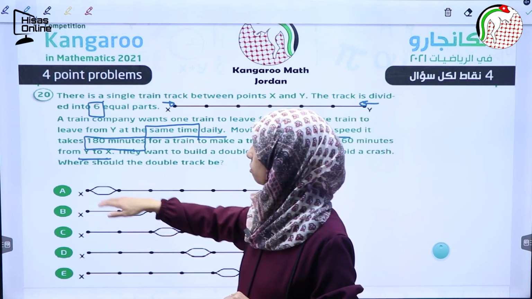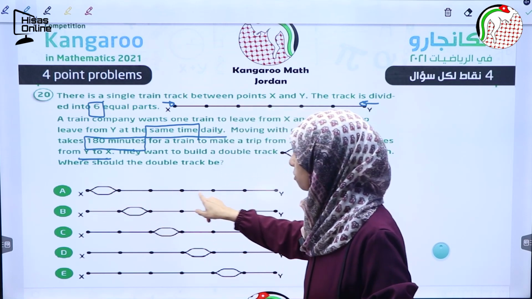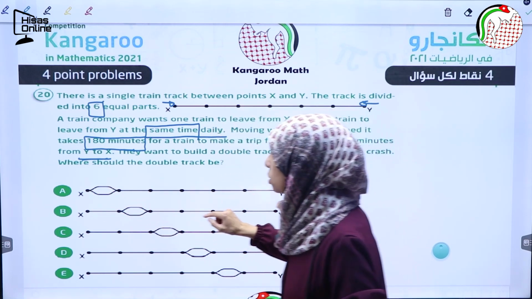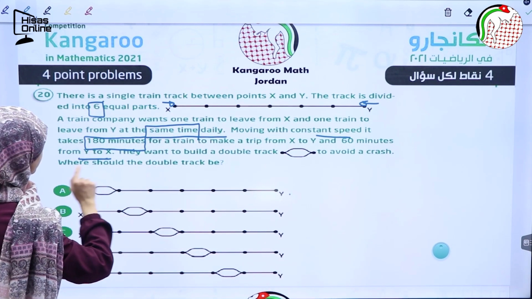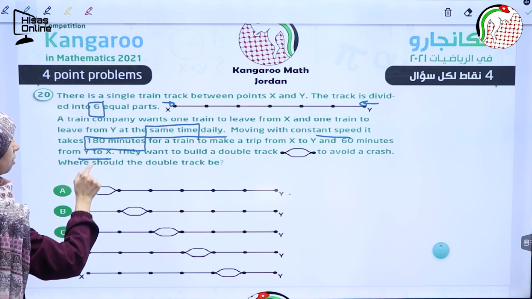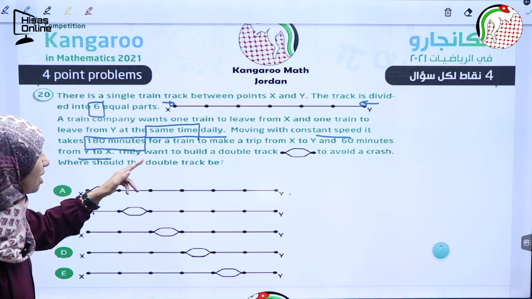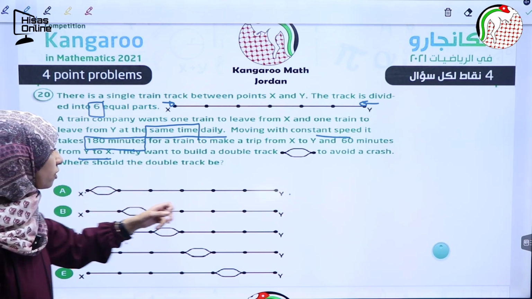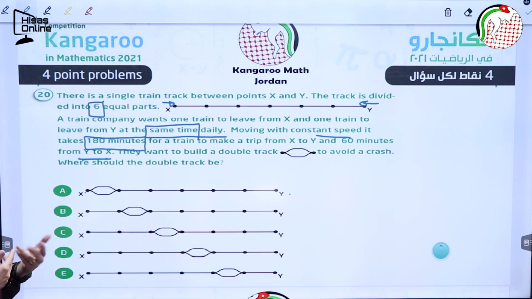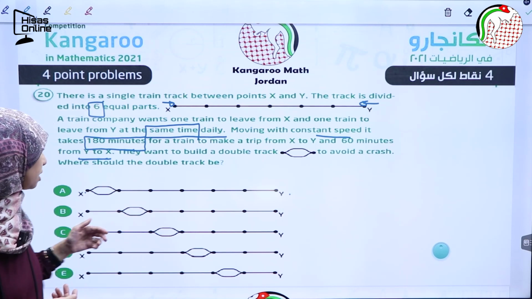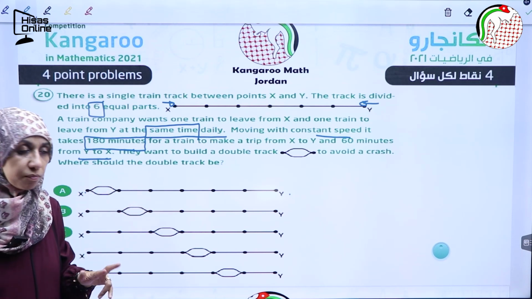So here we have 180 minutes divided on the 6 equal parts. So each part moving from X to Y will take 30 minutes, while it will take only 10 minutes moving from Y to X. That means triple the time is needed from X to Y.